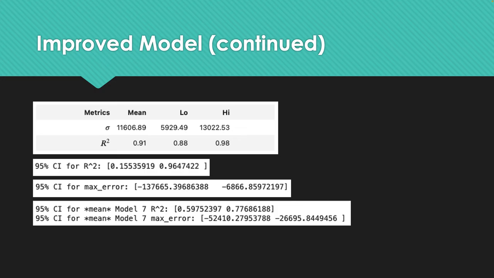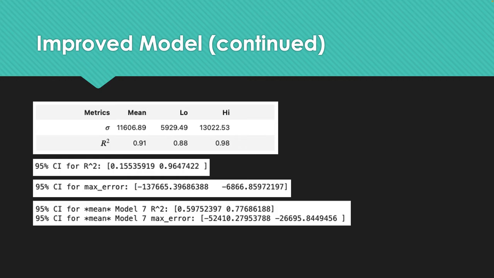When I ran a 95% credible interval on the r squared, I got 0.155 to 0.9647, which was a bit narrower than the spread of the r squared for the null model. And then for the 95% confidence interval of the max error, I got negative 137,665 to negative 6,866. So this had a bit wider of a range than the null model.